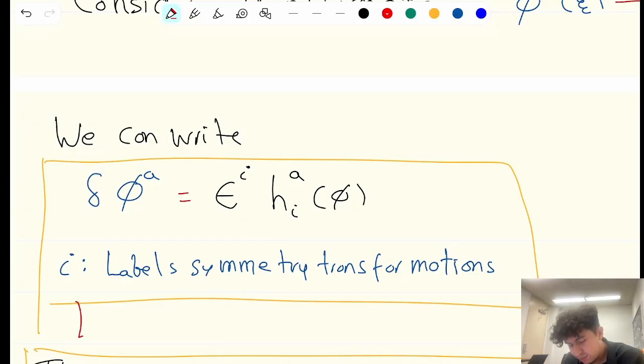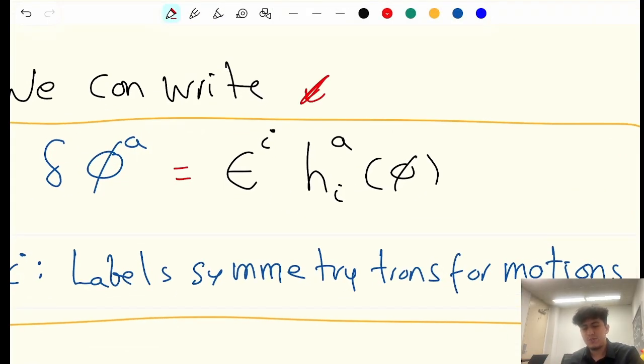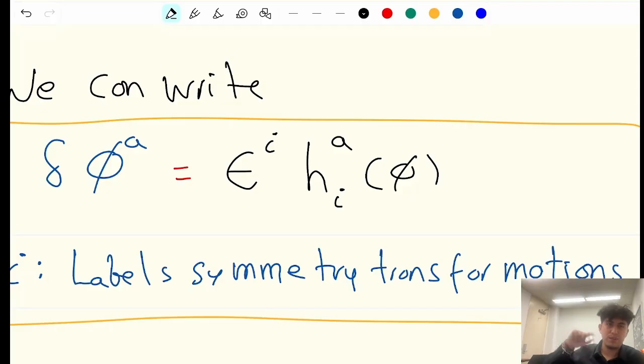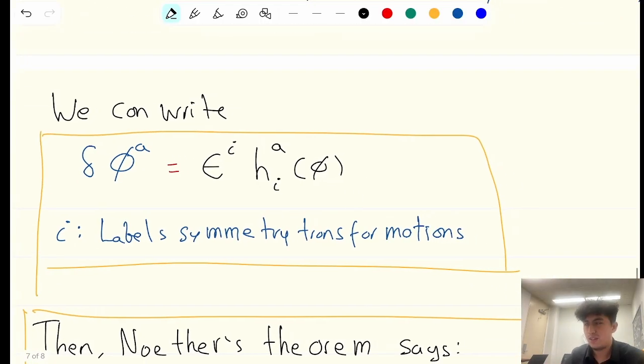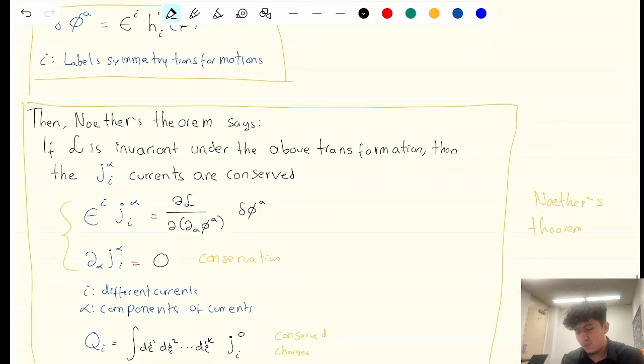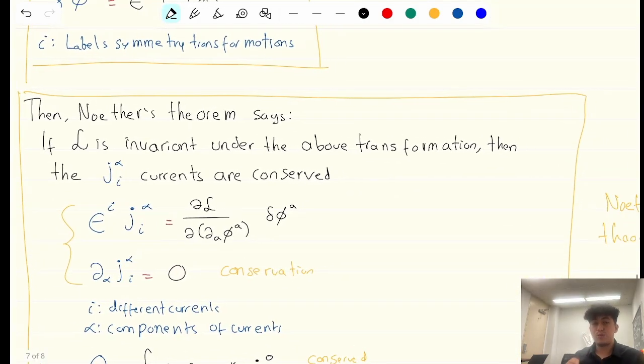And this I is going to label different transformations. So each transformation is going to have an I. If you're doing only one transformation, it's just going to be like this. But if you do multiple, you use Einstein notation and you add up all the different symmetry transformations.